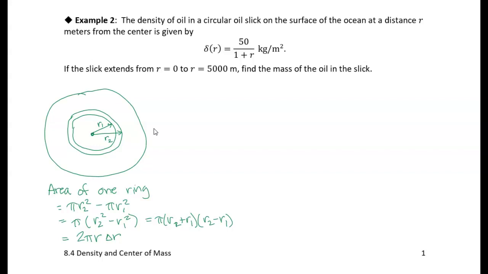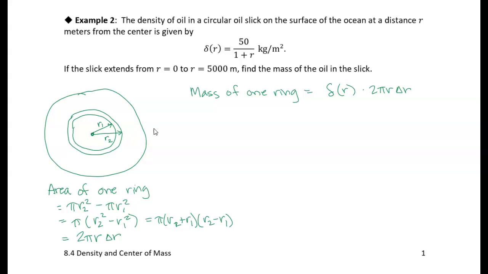So now, by using the density function, we can find the mass of one ring. We're just going to take this density function, times 2 pi r delta r. All right, and then what we need to do to find the total mass is just take all these rings and add them up as the number of rings goes to infinity, right?